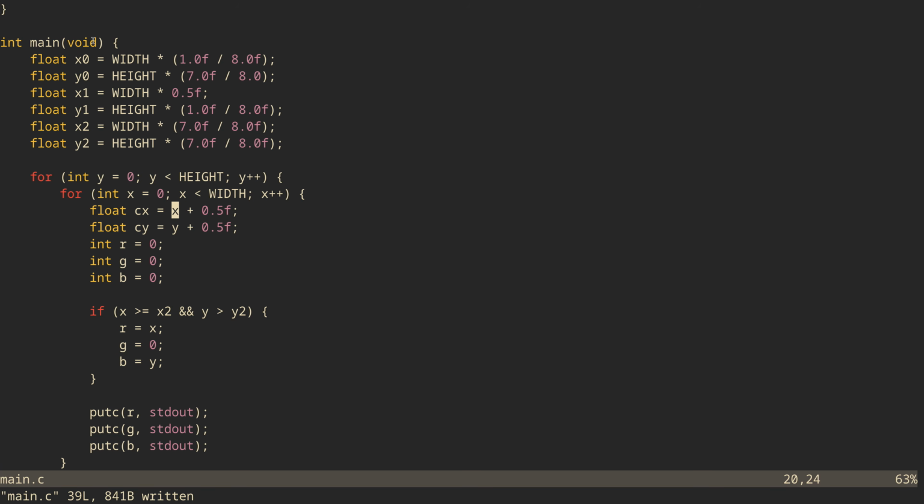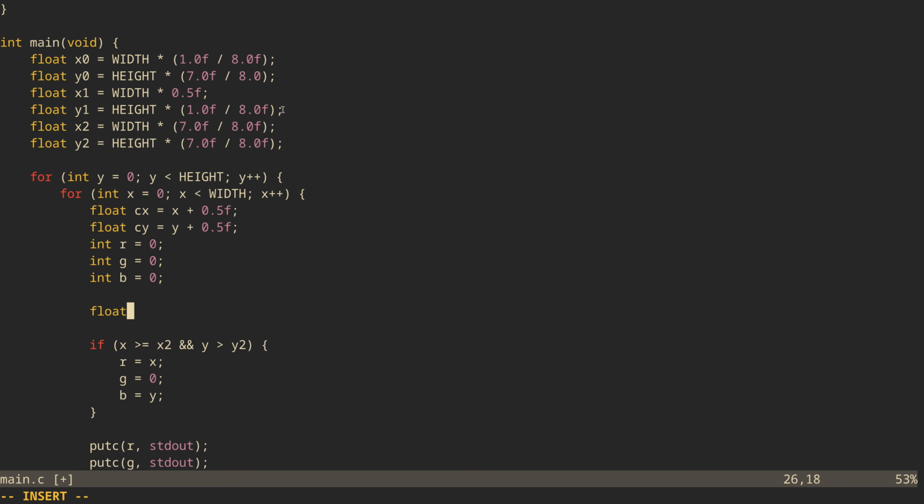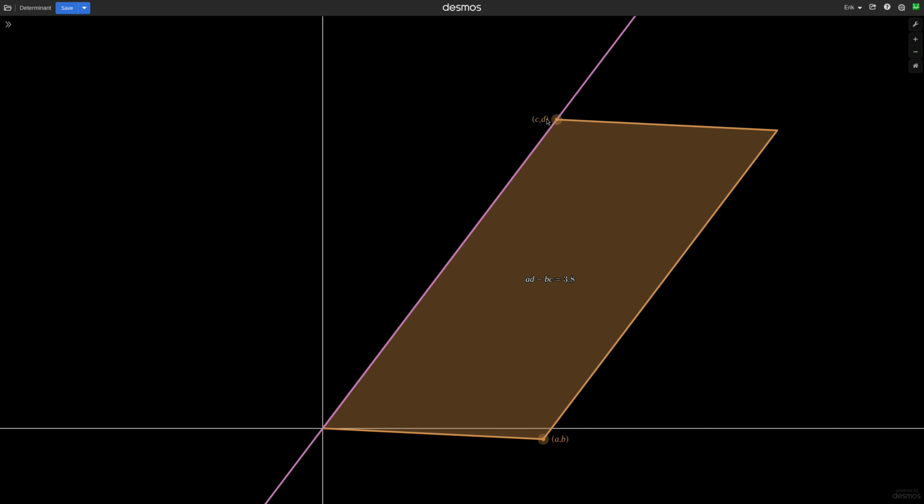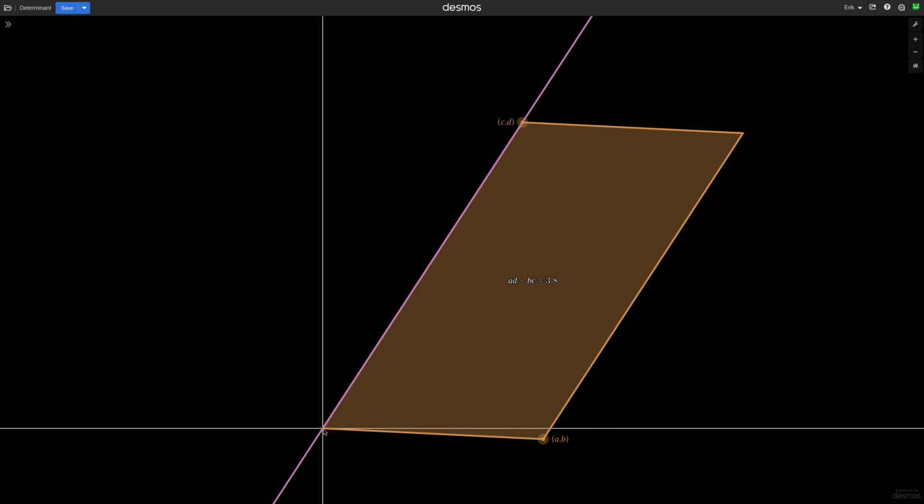So we have our pixel center, and let's check against the line between 0 and 1. So we'll take the determinant, and if d is greater than or equal to 0, then we'll fill in a pixel. So this will be our edge.